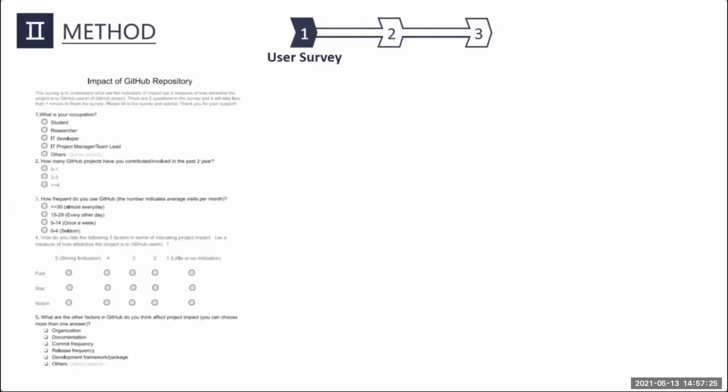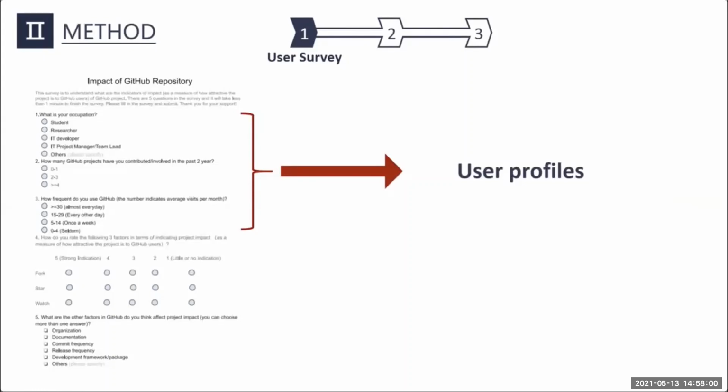questionnaire which contains 5 questions, trying to understand what, in the participants' perspective, affects or indicates project impact. The first 3 questions help us understand the user profile of the participant, including their occupation, whether they are a student in college, a researcher in college or research institute, or in some companies, IT developers or IT project managers.